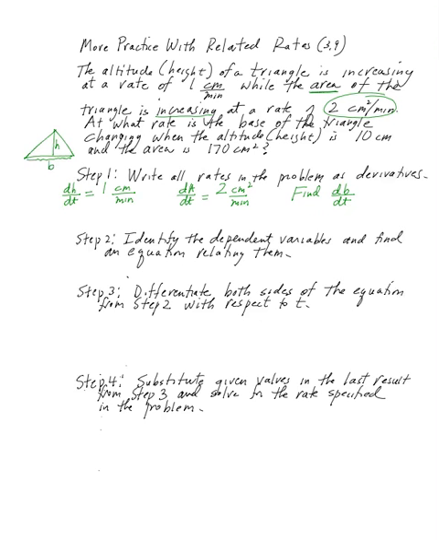Okay, step 2. Identify the dependent variables in the derivatives and find an equation relating them. So one of the derivatives has h, another has a, another has b. Again, just look at the variable in the numerator of the derivative.